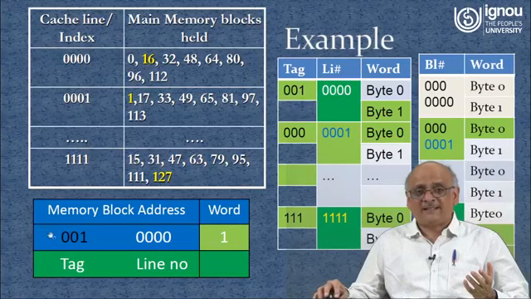Our main concern is these 7 bits, how they are mapped, and this is equivalent to 16. So this presently is holding location number 16. That is what we come to know. It is not holding 32, it is not holding 0, it is not holding 48. At present it is holding location number 16.